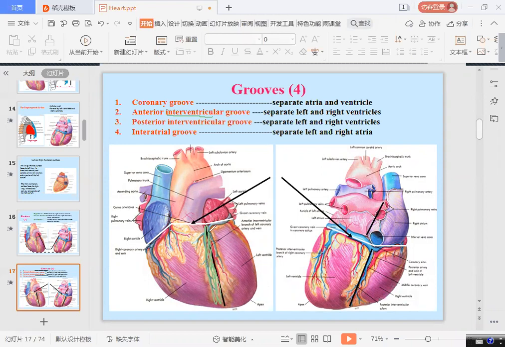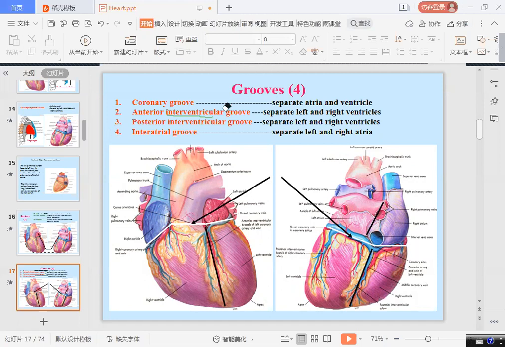And this groove runs on this septum, so that's why it divides into left and right ventricles. The same anteriorly, we also have posteriorly. The posterior groove is known as the posterior interventricular groove, because it divides the left and right ventricle posteriorly.